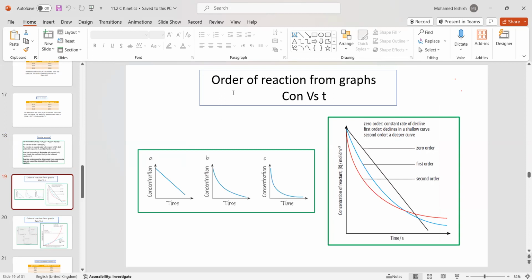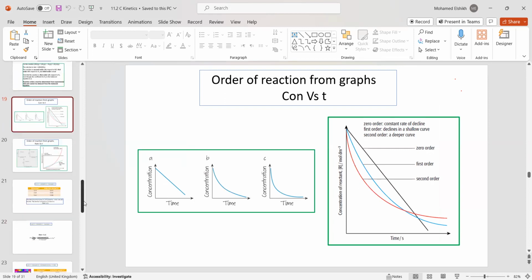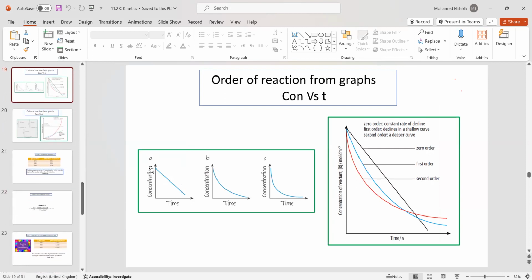If we look at the order of reaction, if we have these graphs, basically we can deduce what type of order we are looking at. In other words, if you do an experiment, change the concentration over time, and you get an inverse relationship like this one, or a parabolic relation like this one, or like this one, then you can deduce which one is what sort of order.